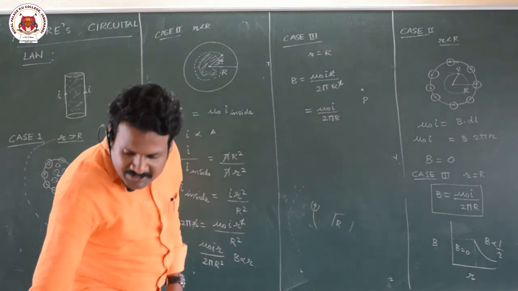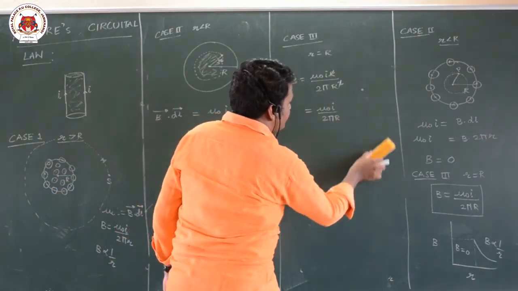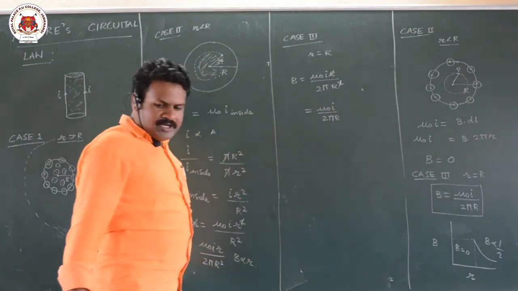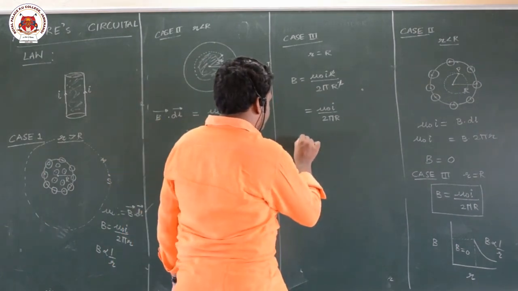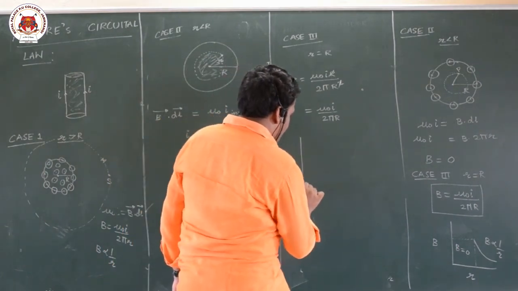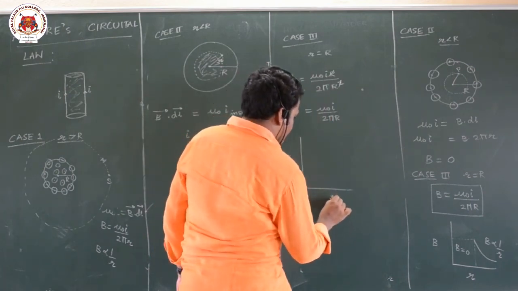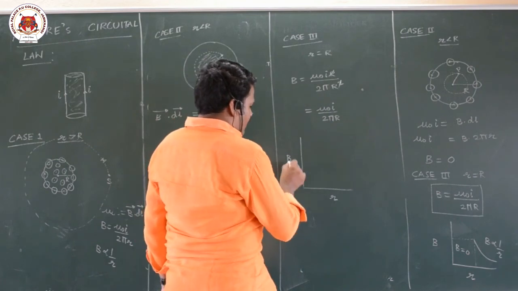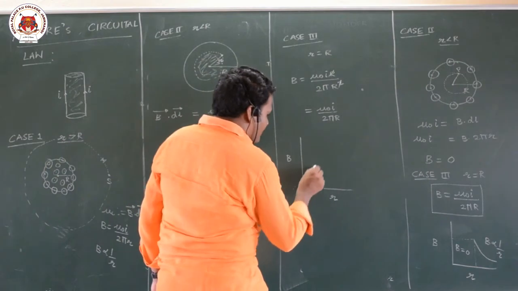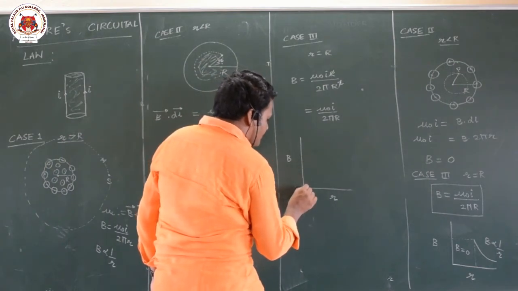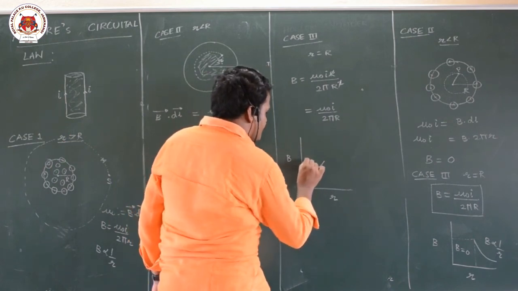So when you are inside a hollow cylinder there was no magnetic field, and when you are outside the hollow cylinder there was a magnetic field. If you draw a graph between B and small r: when r was 0, B was 0, because B is proportional to r until it is capital R. From the center to capital R, B is proportional to r.